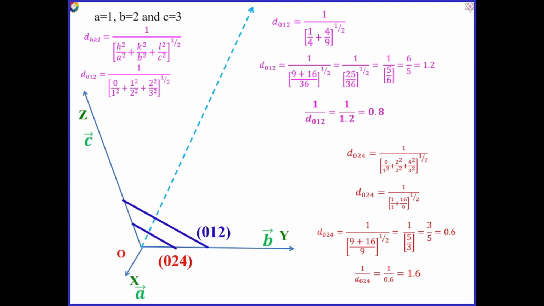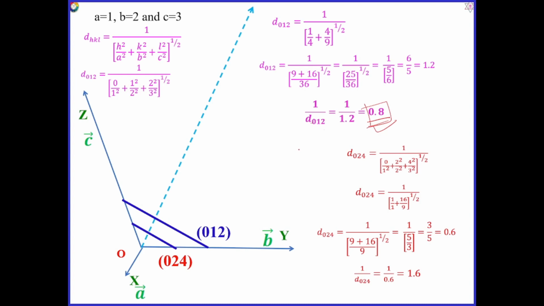First we are going to find the interplanar spacing of this plane, D012. Considering this formula, you can find the interplanar spacing of D012 will be 1.2. The reciprocal of D012 we found is 0.8.